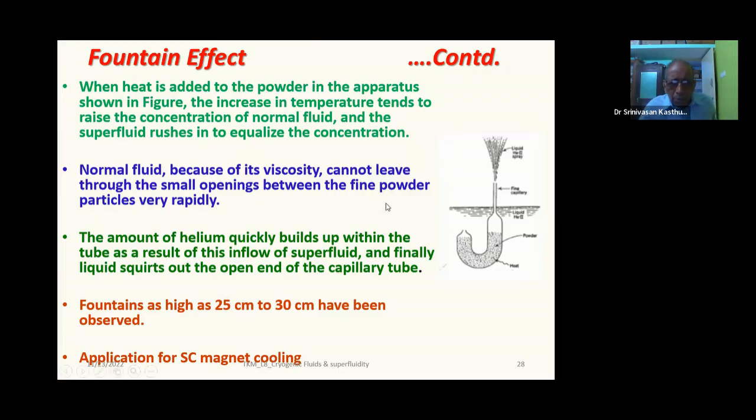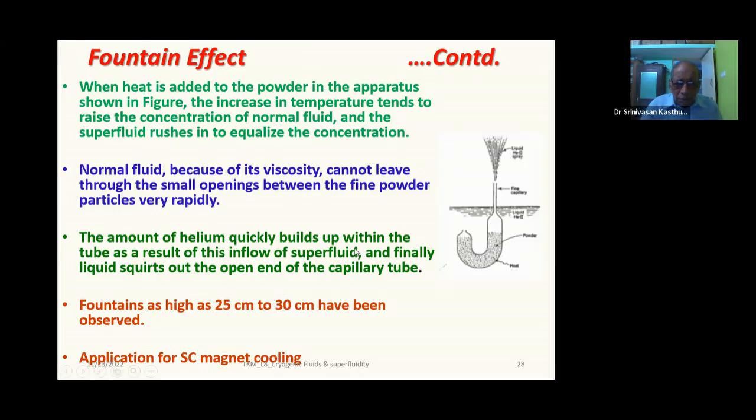When heat is added to the powder in the apparatus shown in the figure, the increase in temperature tends to raise the concentration of normal fluid, and superfluid rushes in to equalize the concentration.